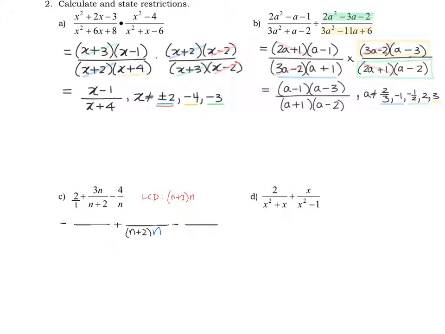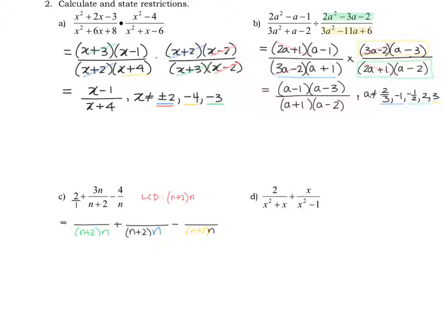So I'm going to write (n plus 2)n here, here, and here. Whatever is missing from my original denominator, I need to multiply the numerator and denominator both by that missing factor to rewrite my expression using the LCD.